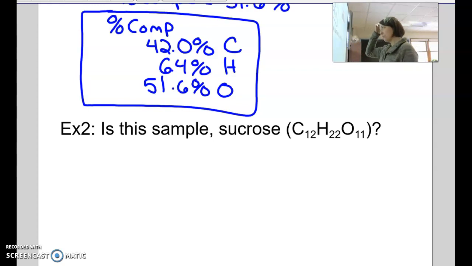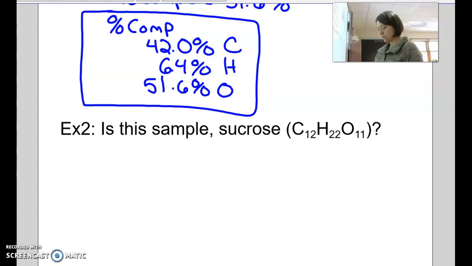So this was the first type. We know our first step is to write the chemical formula. It's already been done for us. The next step is to find the total mass, the molar mass of the compound. I will let you shortcut this a little bit, since it's a multi-step problem and you should be getting the hang of this. We have 12 moles of carbon, and its molar mass is 12.01. We have 22 moles of hydrogen, and its molar mass is 1.01.